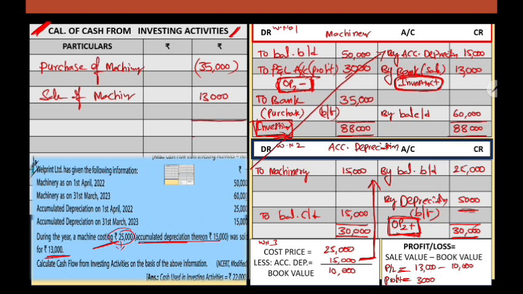Total it. If you total it, 35 minus 13 is 22,000. We got a negative answer. If you get a negative answer, we can say it is cash used in investing activities. If you get a positive answer, we say cash flow from investing activities. Now here it is a negative answer. That's why we show it as cash used in investing activities, isn't it?